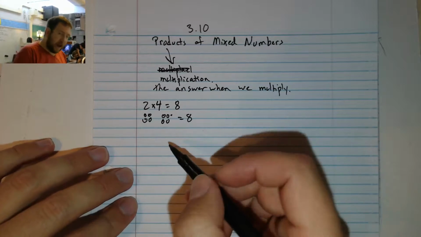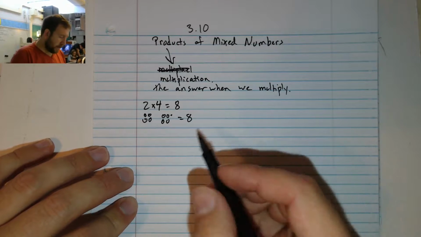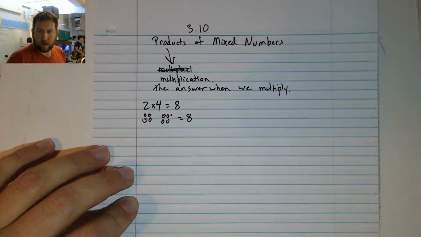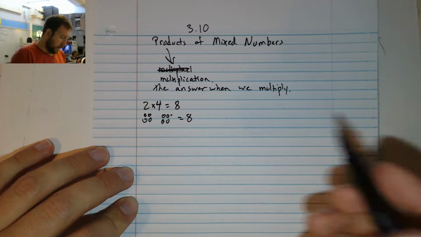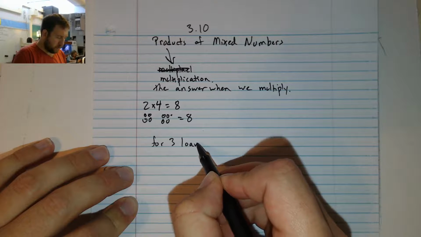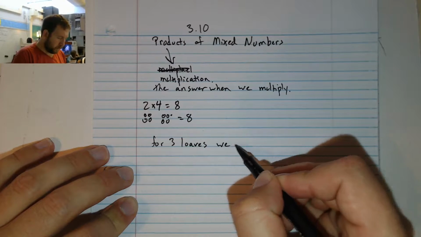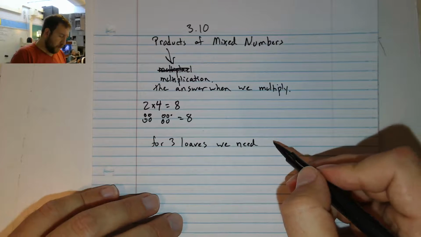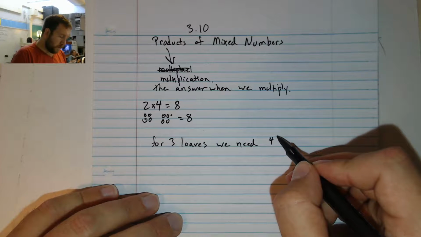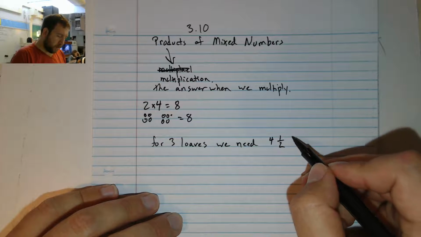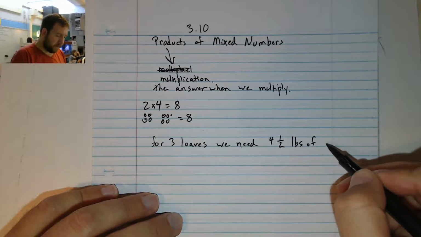So, for example, say that we are trying to make some of my world famous Mr. Dan's bread. And the bread recipe tells us for 3 loaves, we need 4.5 pounds of flour.